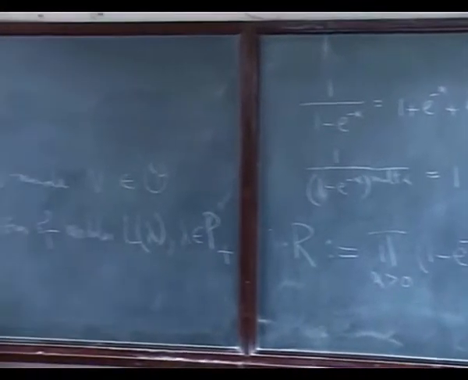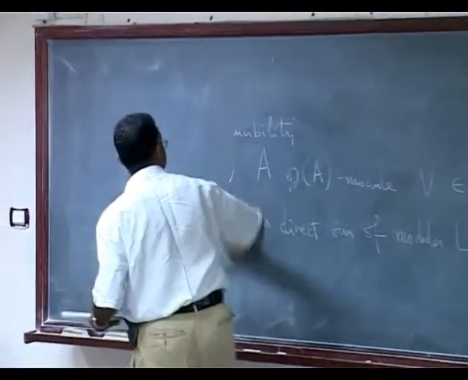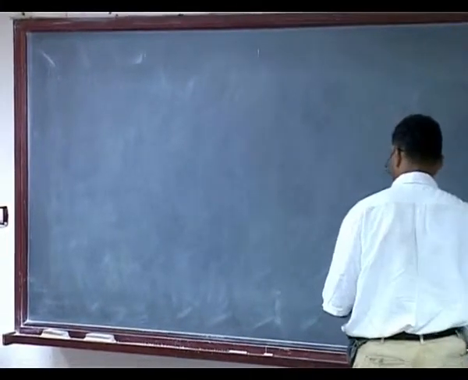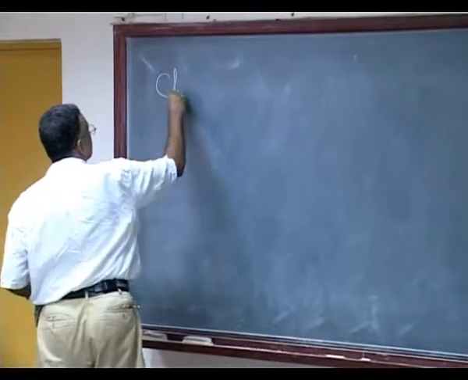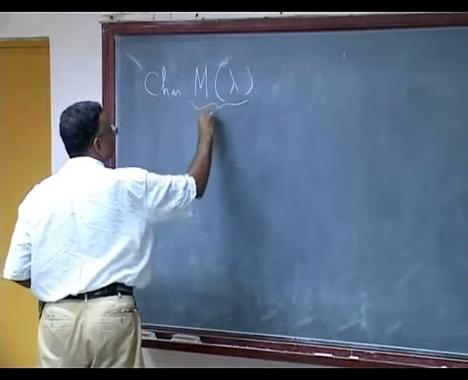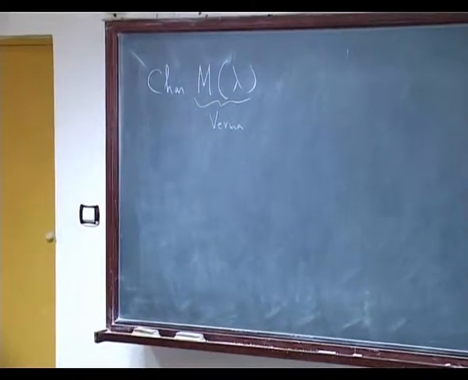And the other important observation is that you can write down the character of the Verma module. So if M lambda is my Verma module, with highest weight lambda, how can you write down its character?